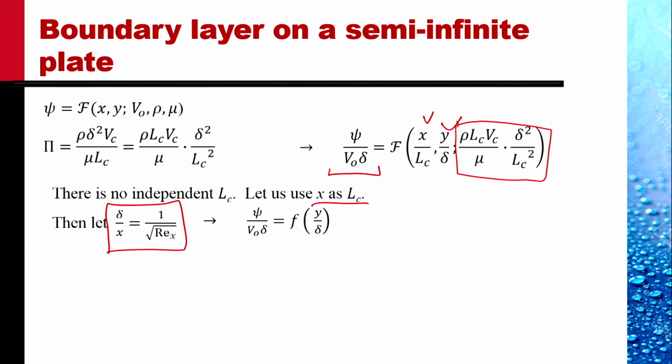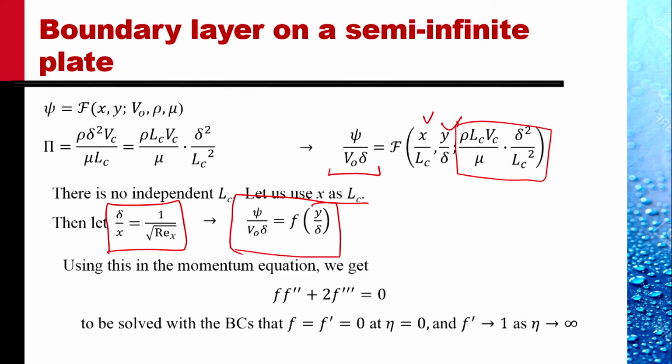And then the resulting functional relationship is psi divided by V naught delta is a function of y over delta. Using this in the momentum equation, we get this, an ordinary differential equation in terms of eta is equal to y divided by delta.